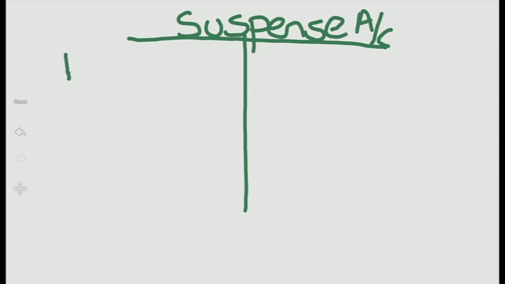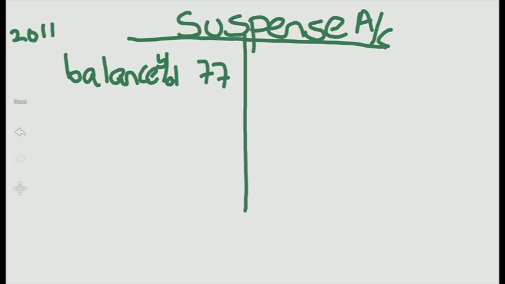They said the difference was on the debit side, so we record the difference on the debit side as 77 emalangeni according to our example here. This was on 28 February 2011. 28 February is our date.